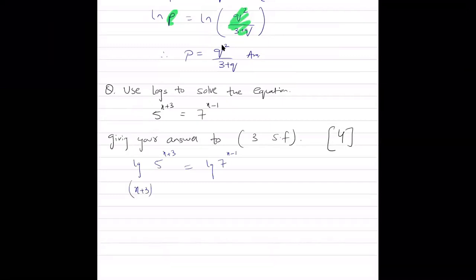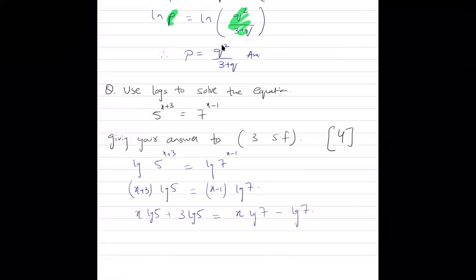x plus 3 times lg 5 equals x minus 1 times lg 7. x times lg 5 plus 3 times lg 5 equals x times lg 7 minus 1 times lg 7. Collect x terms together.